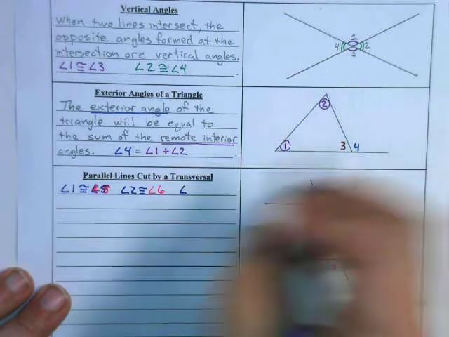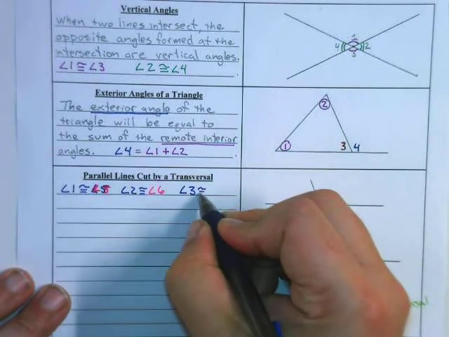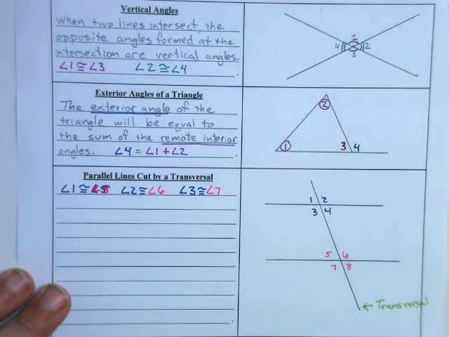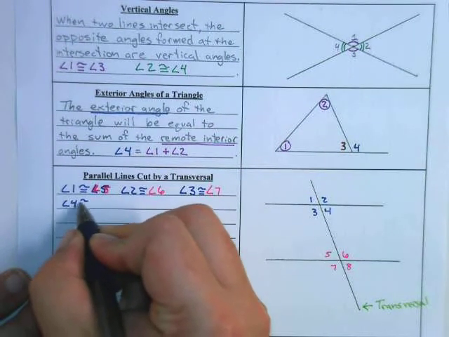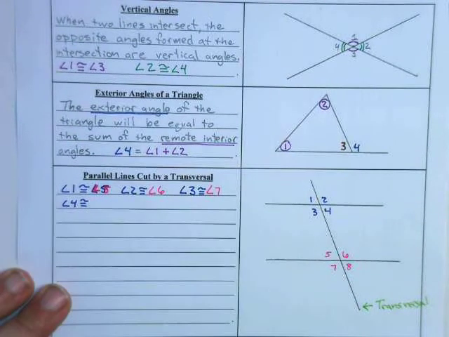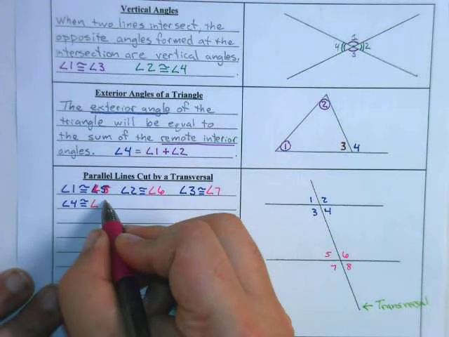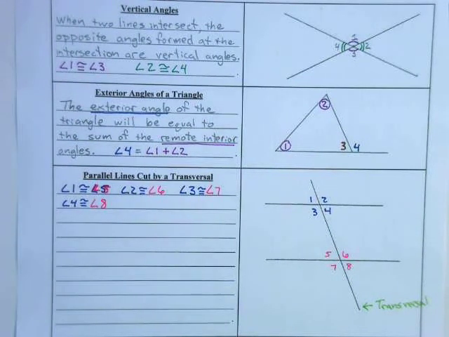And angle 3 is congruent to angle 7. And angle 4 is congruent to angle 8. Alright.